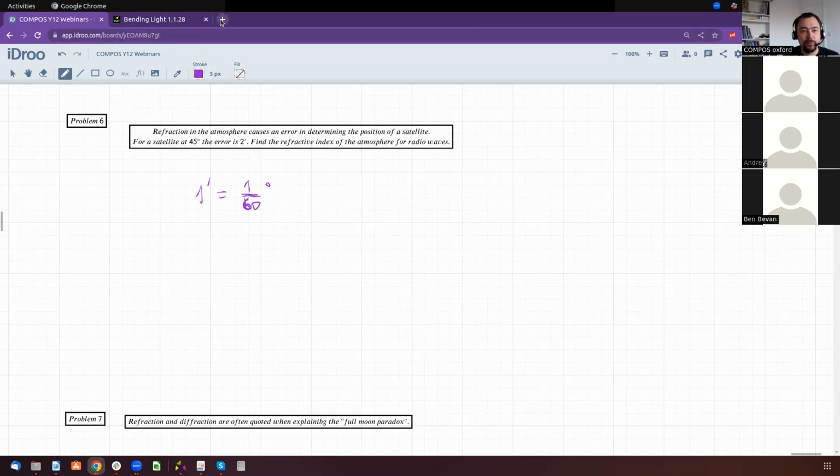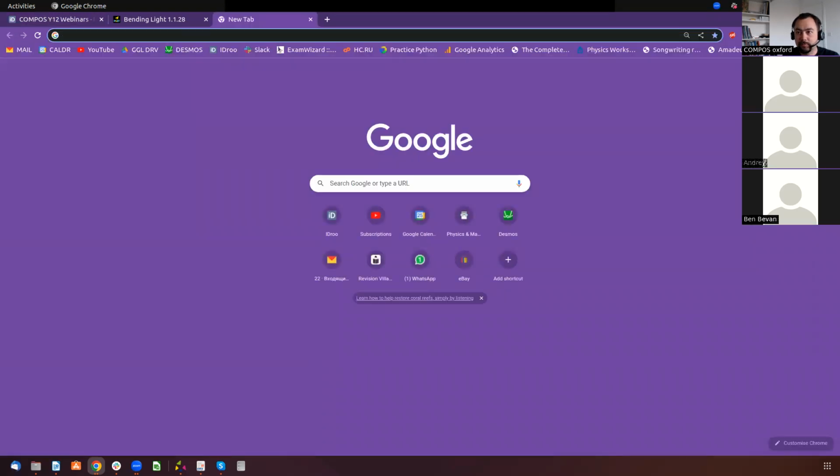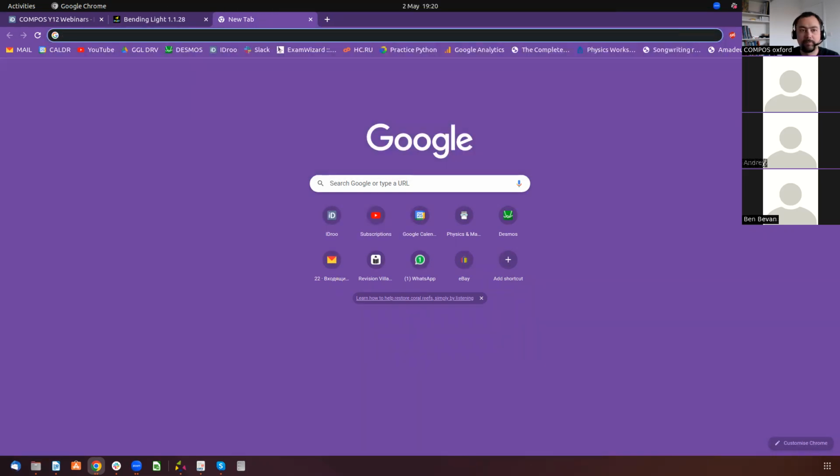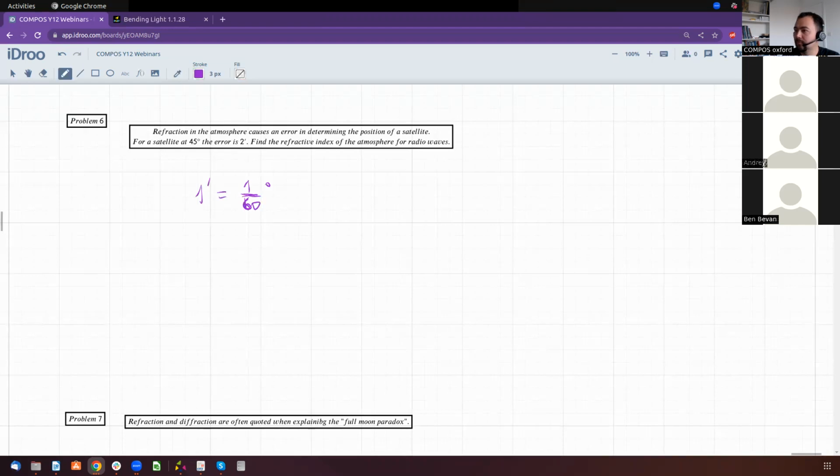So for example, if you go to a Google map, it doesn't give you the coordinates.